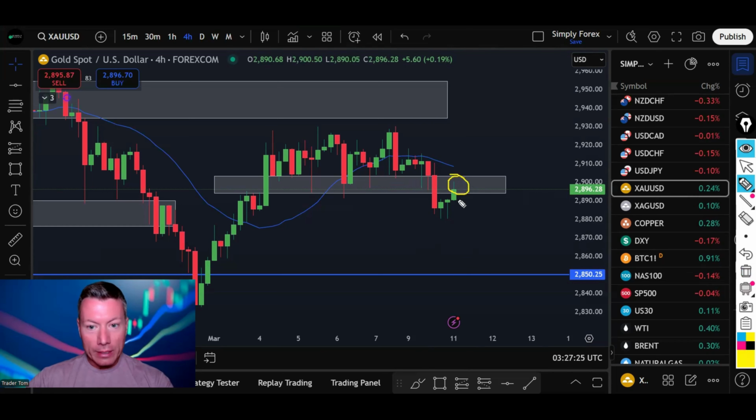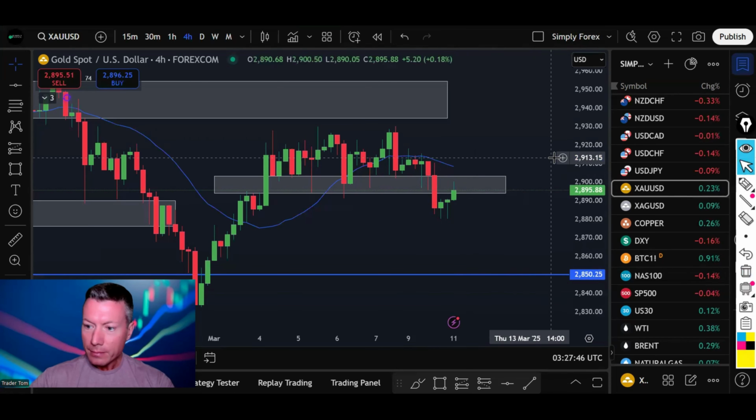So if I see a nice bearish reaction at this level, we've got the moving average 20 coming round. We're clearly in a H4 downtrend. Just wait for this bearish reaction and we can start selling gold potentially all the way back down to here. All right, so gold is my first trade idea.